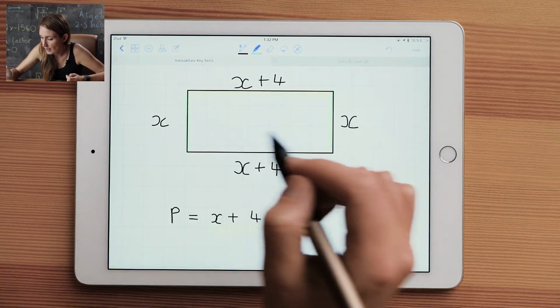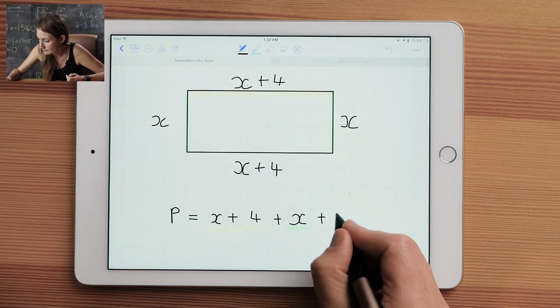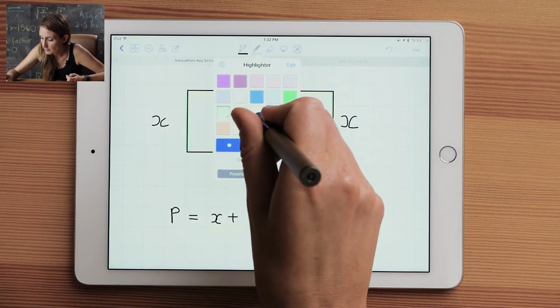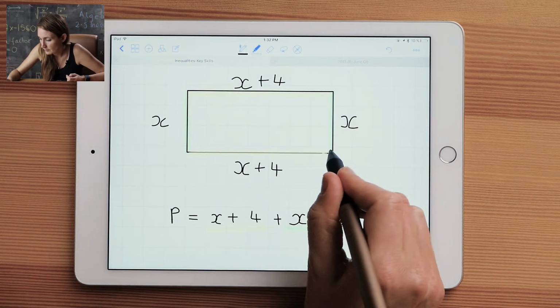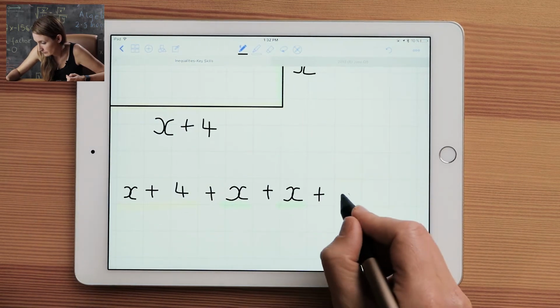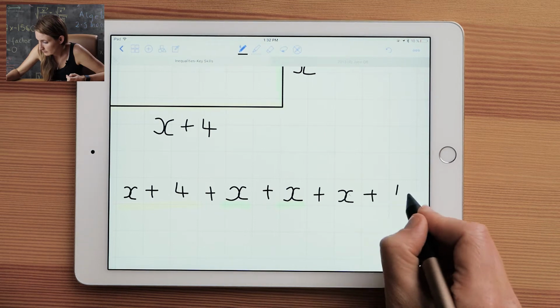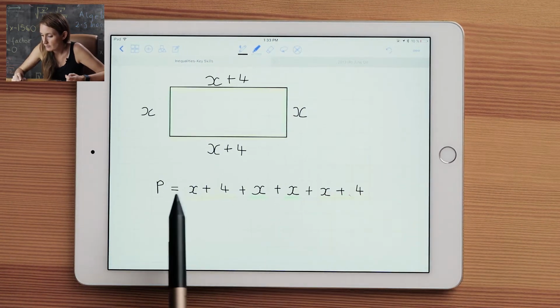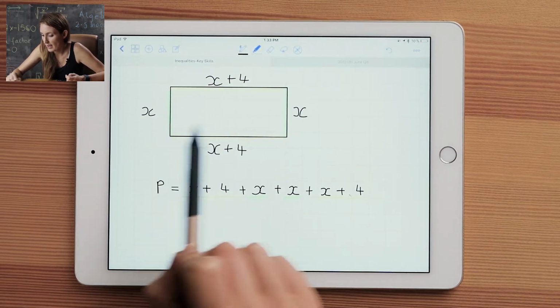And here I have another x. And I have another x plus 4. So I have x plus 4, x plus 4, x and x.